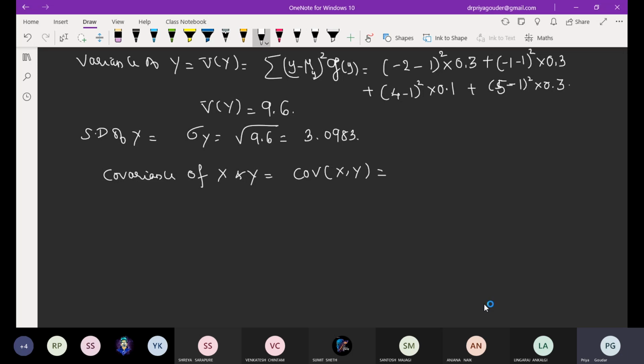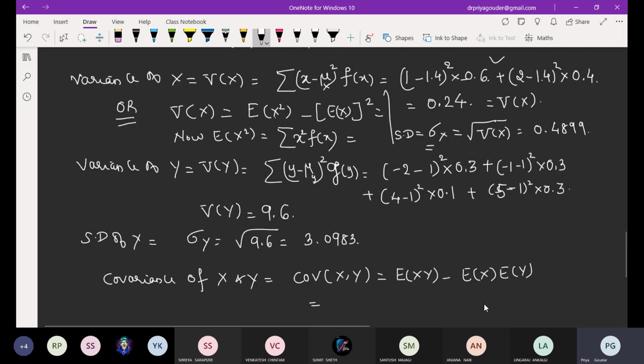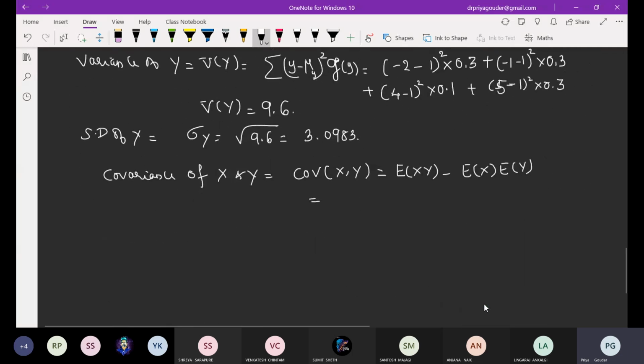Tell me the definition. Covariance is given by expectation of xy minus expectation of x into expectation of y. Remember this. Expectation of xy, what we have got? 0.9.